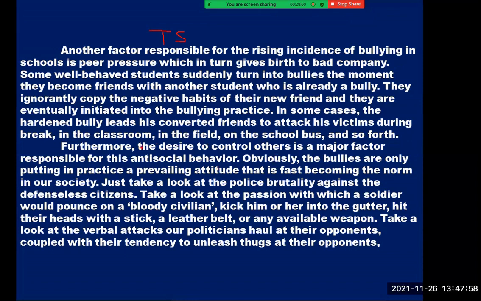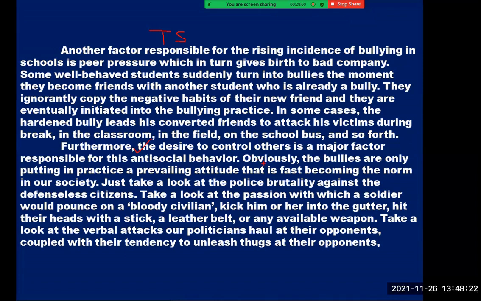Again, you can see that this is our TS, the desire to control others. That's the point we are raising here. That's the factor we are saying is responsible for bullying in schools, the desire to control others. Now, what do we want to talk about, and how does this become a major factor responsible for this serious social evil?